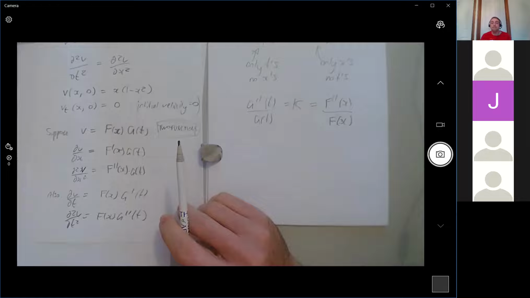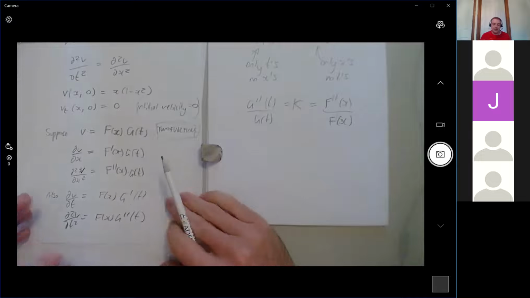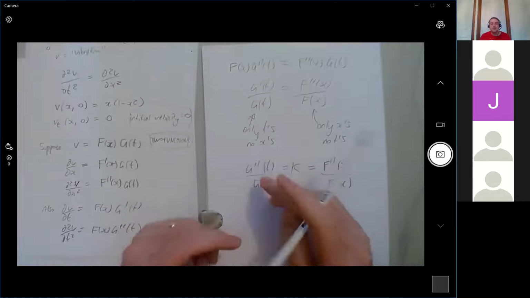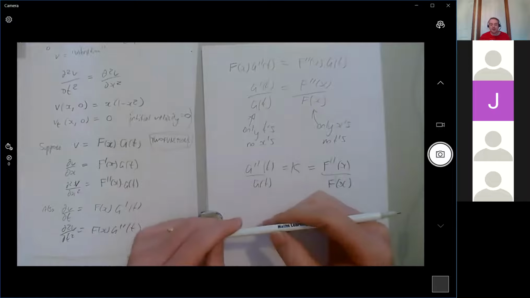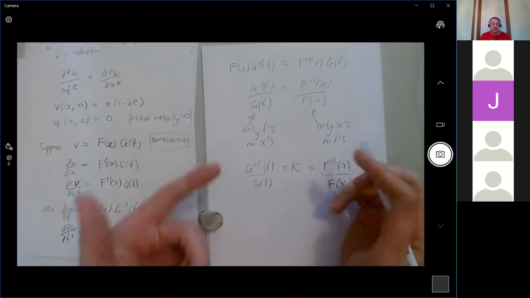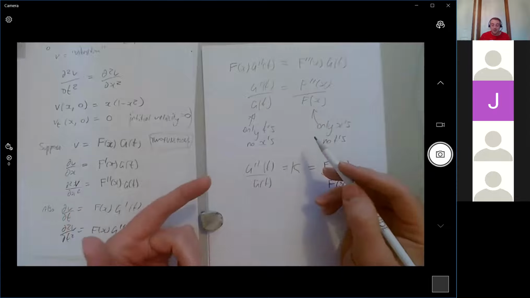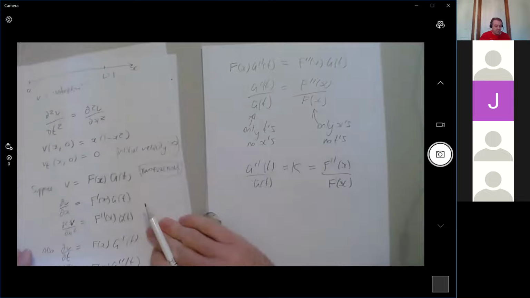Do you need the c squared in that equation still? Well, luckily, our c was 1. Yeah, but normally you're right, there is a c squared in here somewhere, and it's normally attached to whichever side it is.